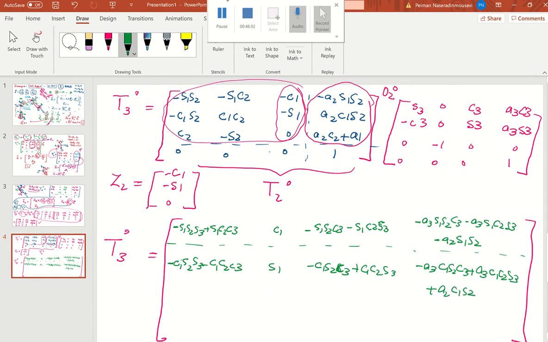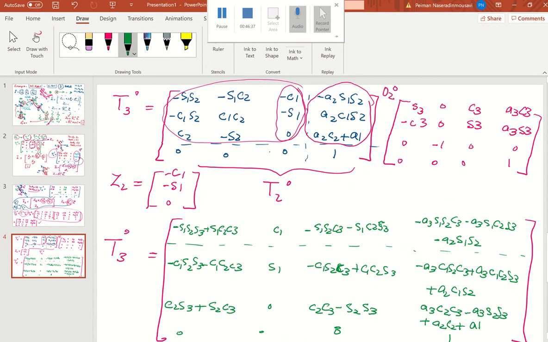The third row is cosine 2 S3 plus sine 2 cosine 3, 0, cosine 2 cosine 3 minus sine 2 sine 3, A3 cosine 2 cosine 3 minus A3 S2 S3 plus A2 C2 plus A1, and the last line is 0, 0, 0 and 1.